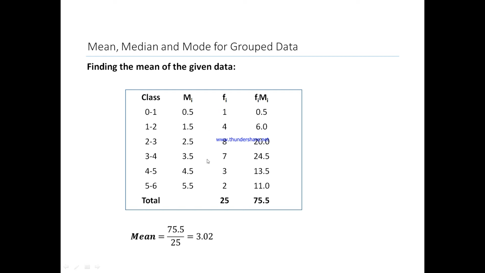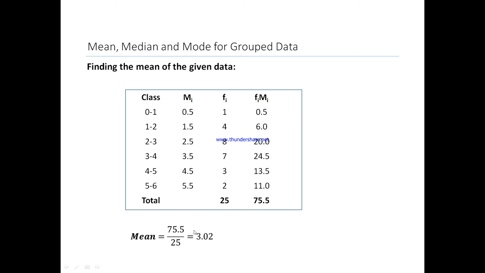Likewise, and then we are given the frequency. So we have to take the product of fi and mi. That is 0.5 multiplied by 1, 1.5 by 4, 2.5 by 8, and likewise. Then we get the products of fi mi, and we take the summation of this column.